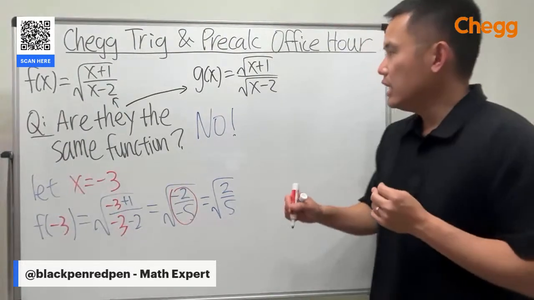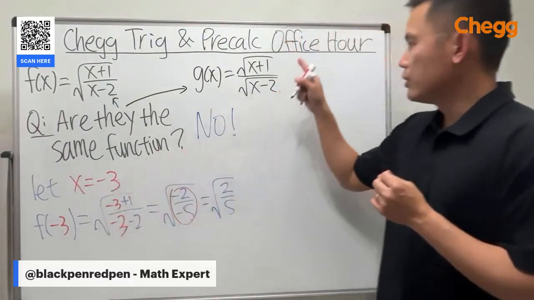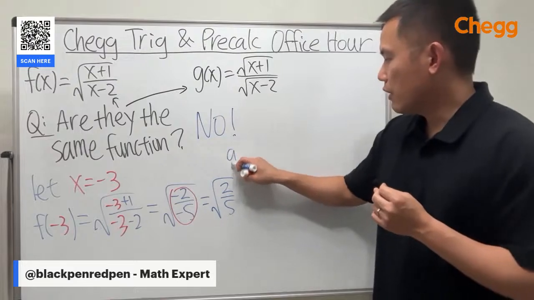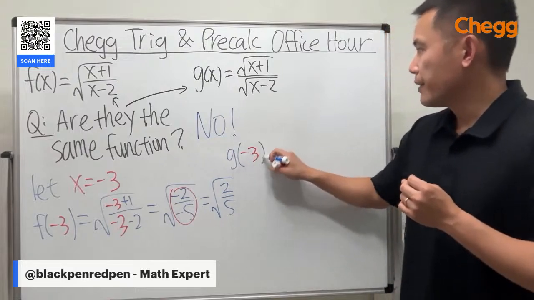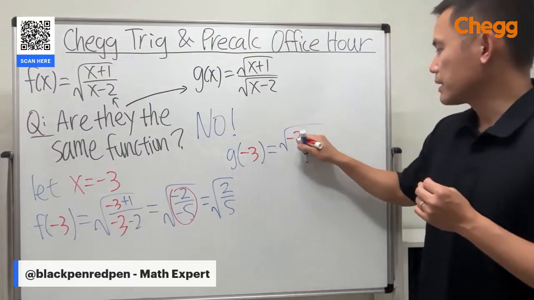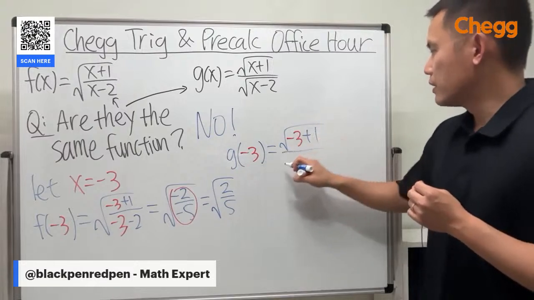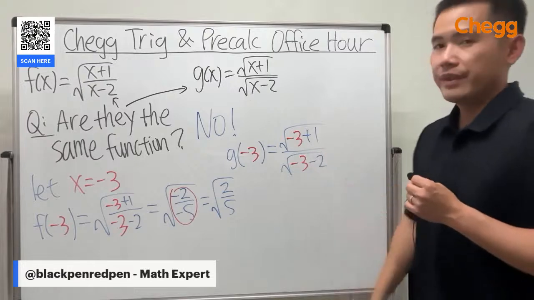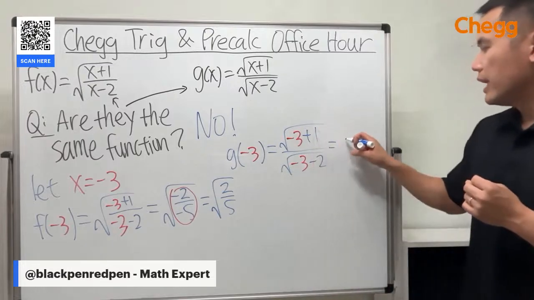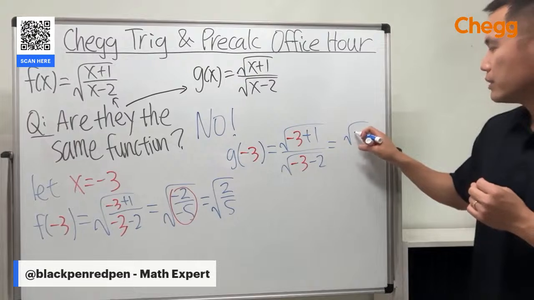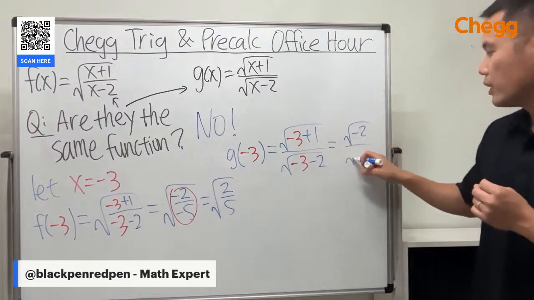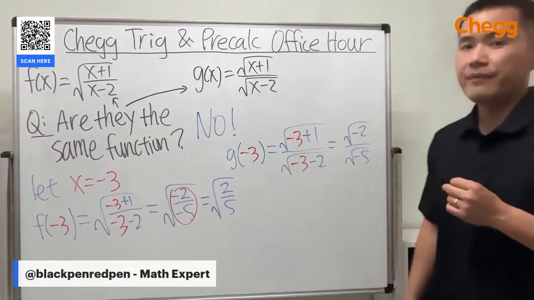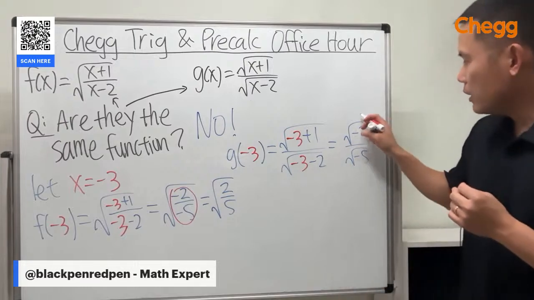I'm just going to leave it because you will see if I plug in -3 into the g function, then g of -3 is square root of -3 plus 1 over square root of -3 minus 2. On the top, you get square root of -2. On the bottom, you get square root of -5.